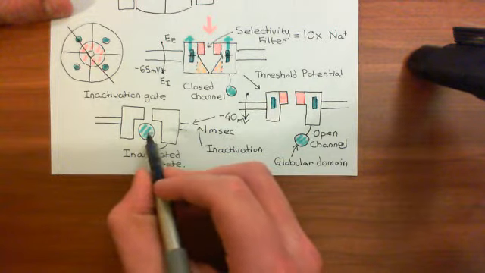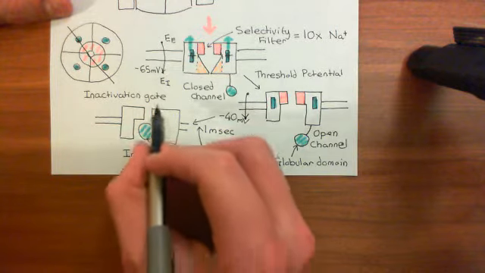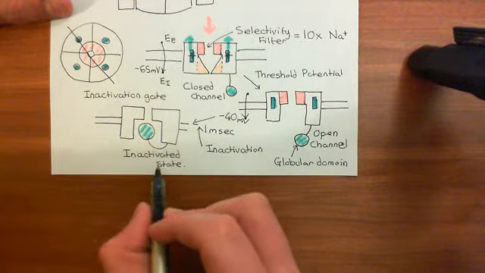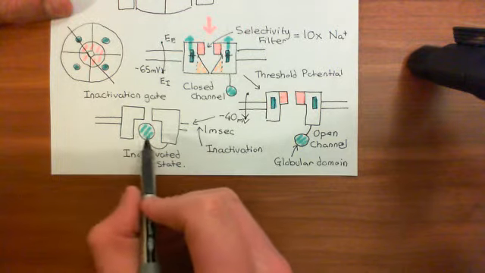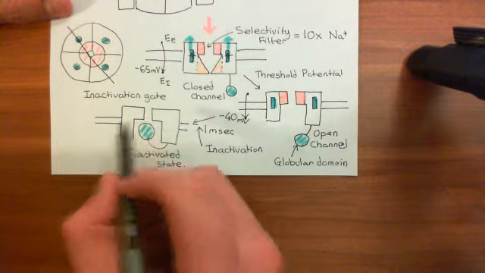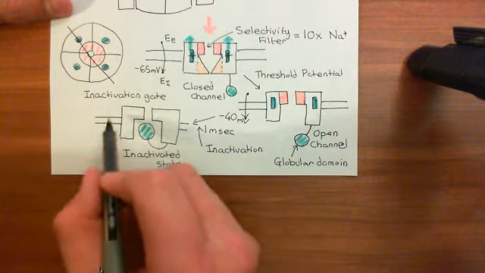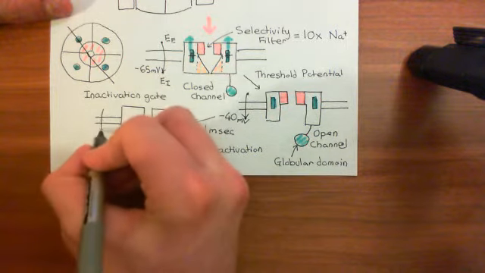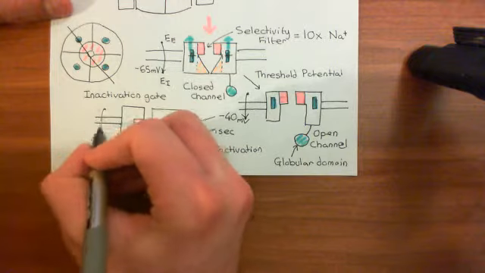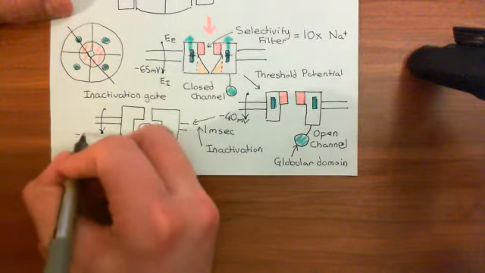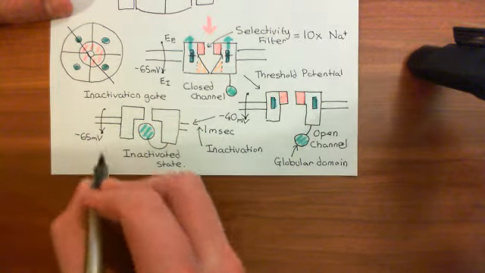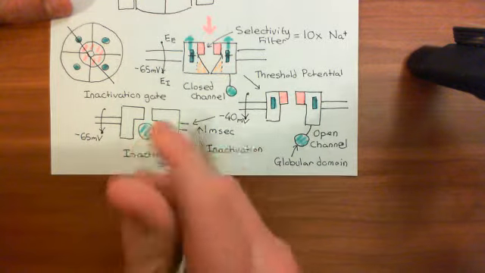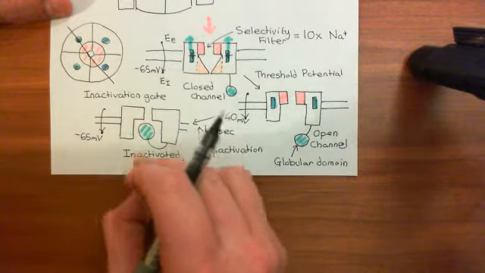When you repolarize the cell membrane, when you take the electrical potential difference back down to, let's say, negative 65, what will happen then is, once the electrical potential difference across the cell membrane becomes nicely negative again, the inactivation gate will come back out.